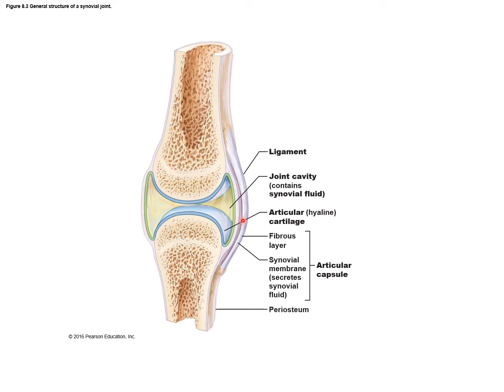I don't know if you can see that little light purple layer. That is actually the fibrous layer. And that light purple area will be continuous with the periosteum. The periosteum, remember, is going to be a membrane lining the bone. All right, so the fibrous layer will be continuous with the periosteum.